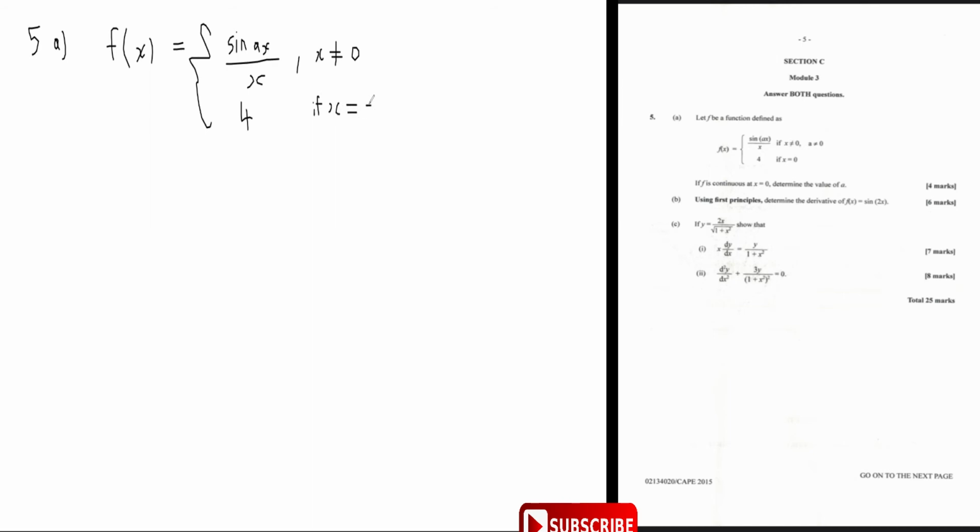And they said now, find the value of a if the function is continuous.